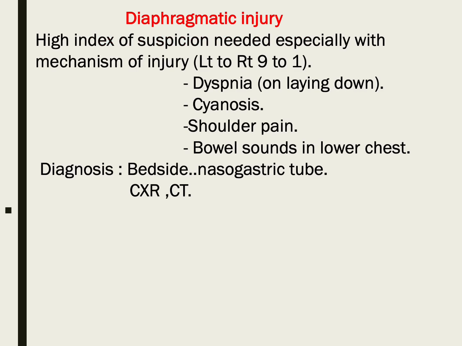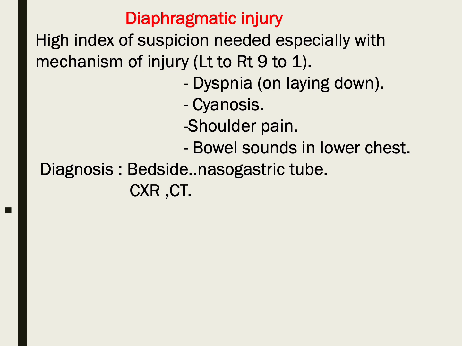Diaphragmatic injury requires a high index of suspicion, because patients who present later with volvulus of the intestinal content in the chest usually report that they had an injury to the chest in the past. So this indicates that the diaphragmatic injury was not detected in the first instance.